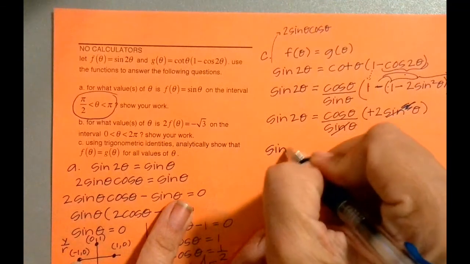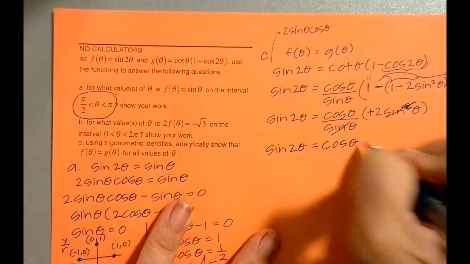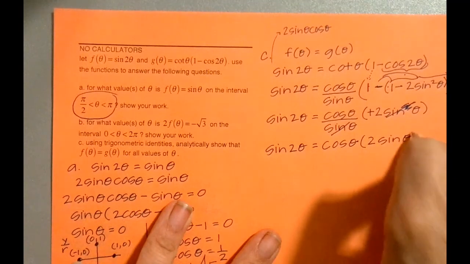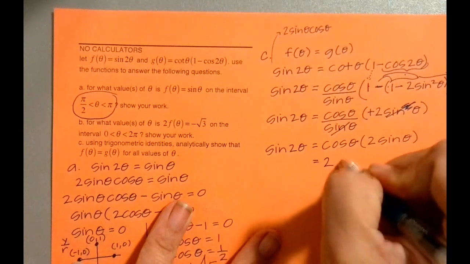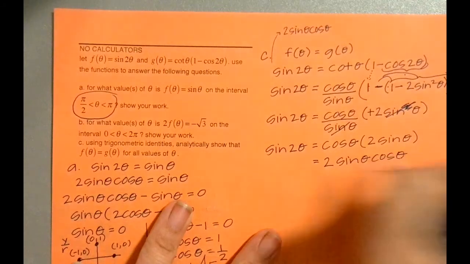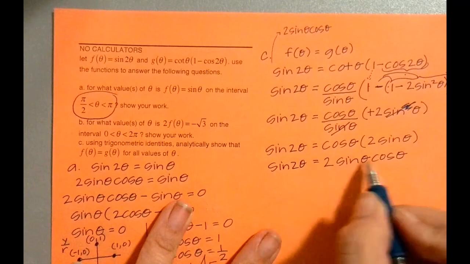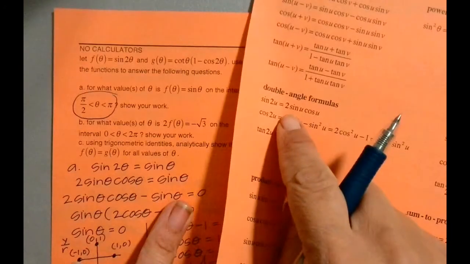Not the whole thing, just one of them. Sorry about that big cancel out. And then if I just rearrange these here, and then another way to write 2 sine theta cosine theta from here, 2 sine theta cosine theta, or sine 2 theta.